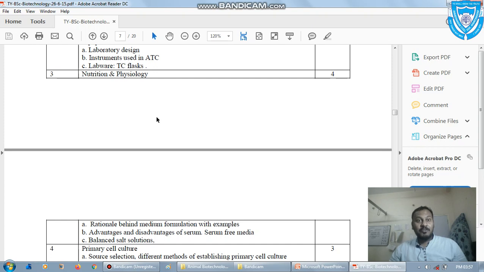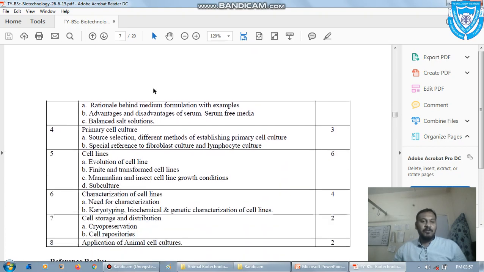The oxygen supply should be proper, the glucose concentration or carbohydrate supply should be proper, the protein supply should be proper. Likewise, if we are growing cells in the laboratory, then we should know the proper amount of these different nutritional components. According to each and every cell line, different cell types, there are different nutritional conditions. So we are going to learn nutrition and physiology within that module.